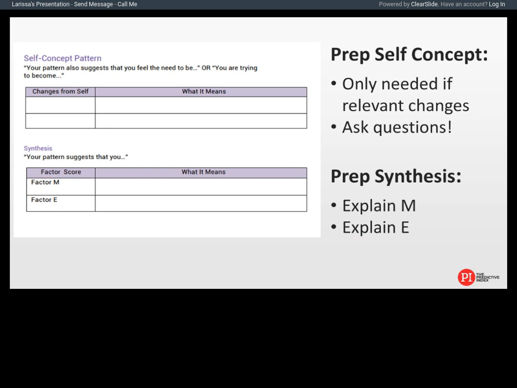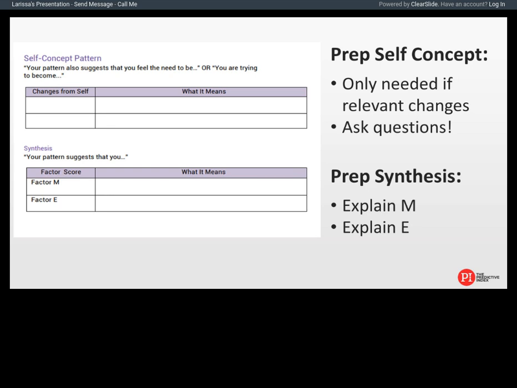If it's outside, they're more exclusively one way or the other. And that M factor, you can simply explain to them, this is how many words you chose. There are 86 possible adjectives, and you chose 30 of them on the self, 20 on the self-concept, for a total of 50 down here. People like that information depending on how they're made up, right?